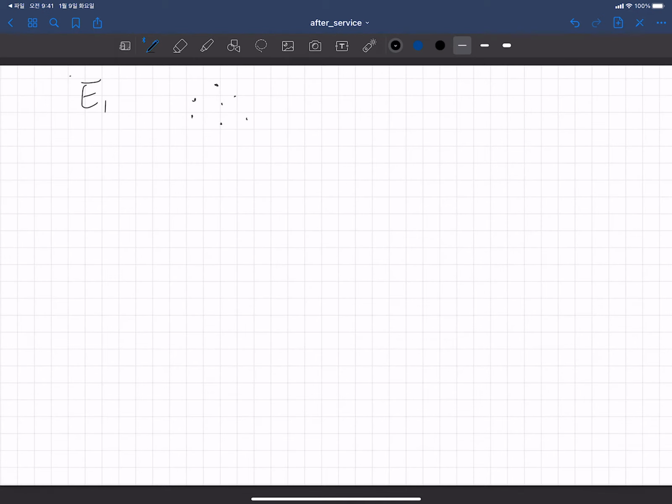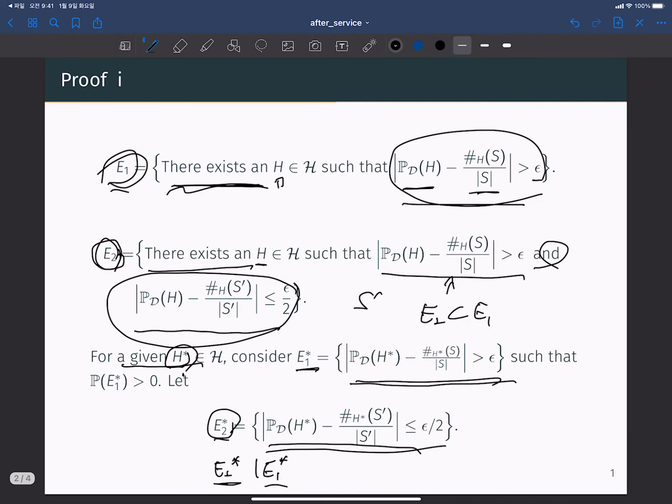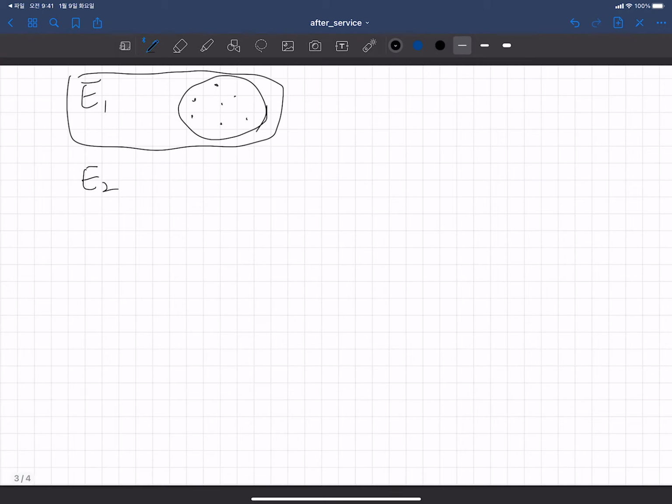And under the given condition that E1 is true, E2 is also true when, among these hypotheses that satisfy this condition, there exists at least one hypothesis for which the training and test error difference is at most epsilon over 2. Then E2 given E1 is true.